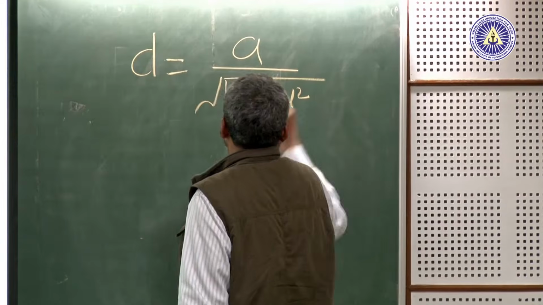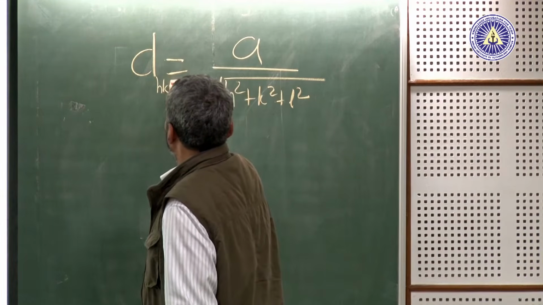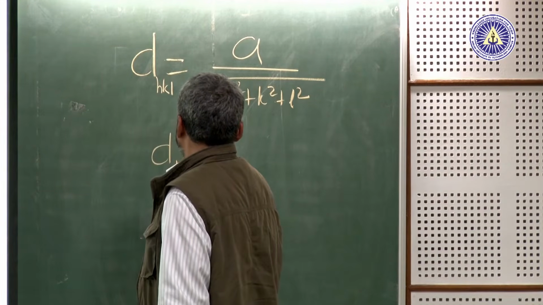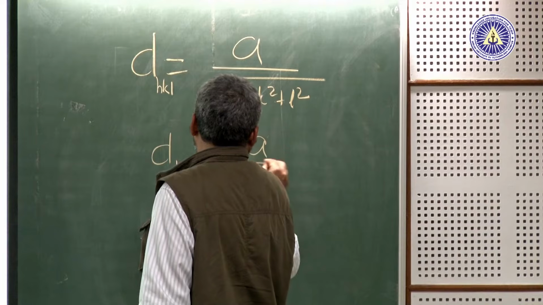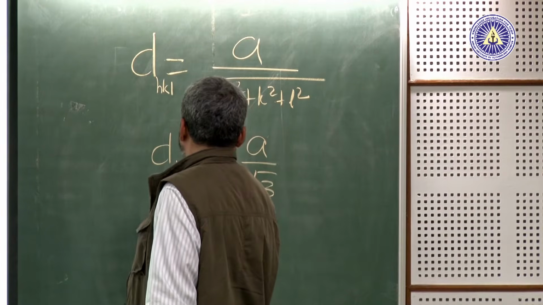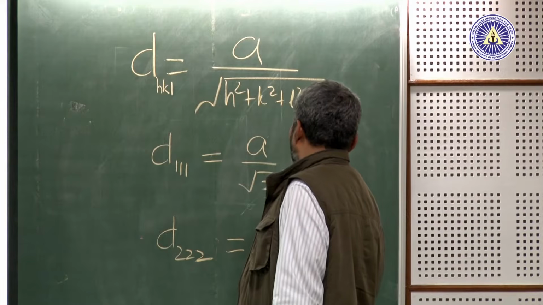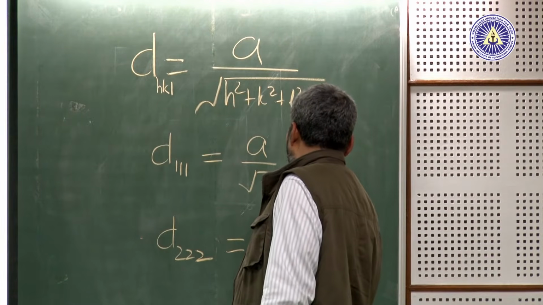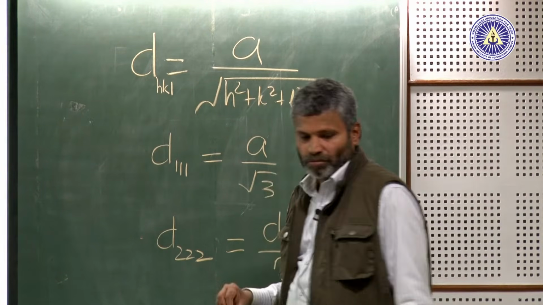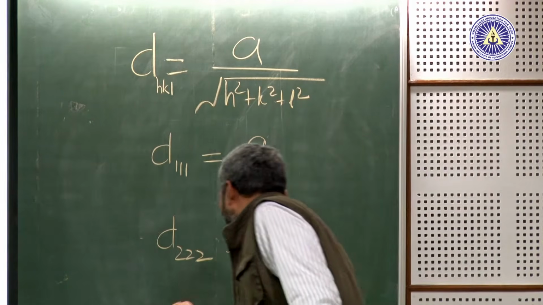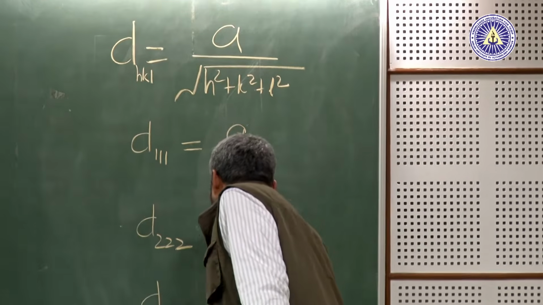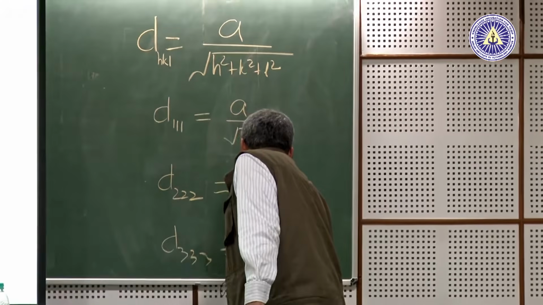So if I have d 111, it is a by root 3, and if I have d 222, you can show that it will exactly come out to be d 111 by 2, and if it is d 333, it will be d 111 by 3.